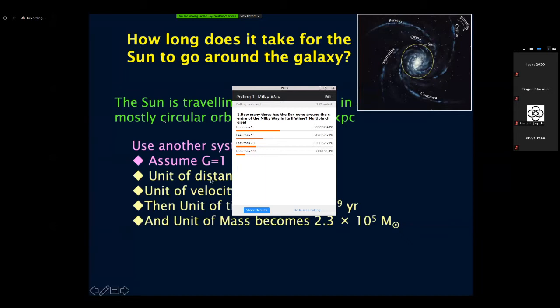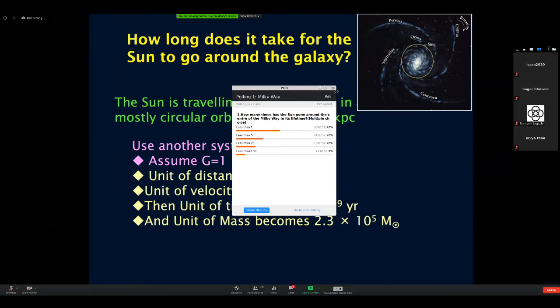I choose my unit of distance to be a kiloparsec, because that's what typical galaxies are measured in. Typical velocities of stars and galaxies in the universe are measured in kilometers per second, so I set those as basic units.